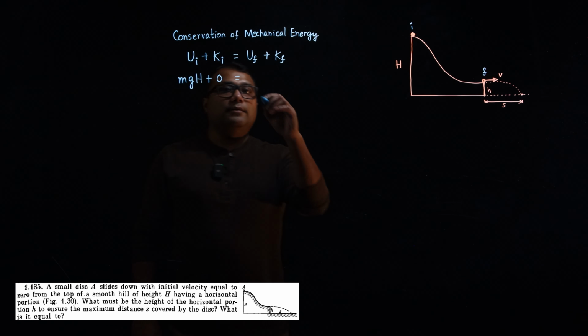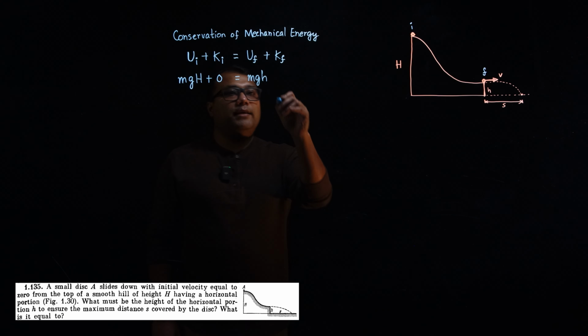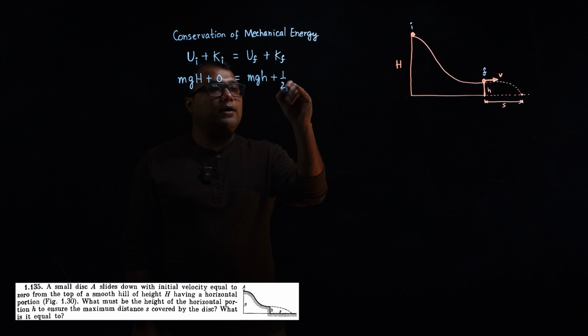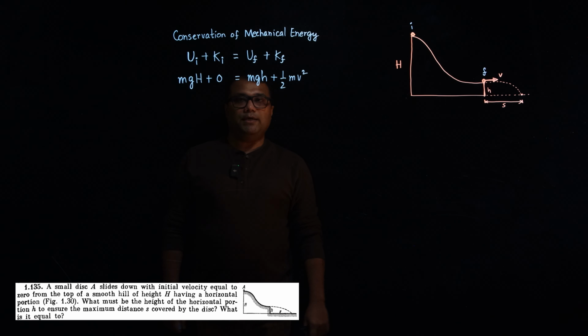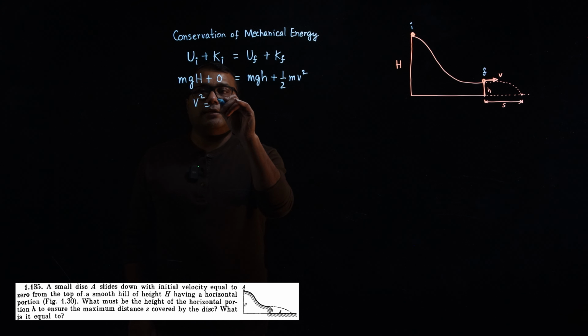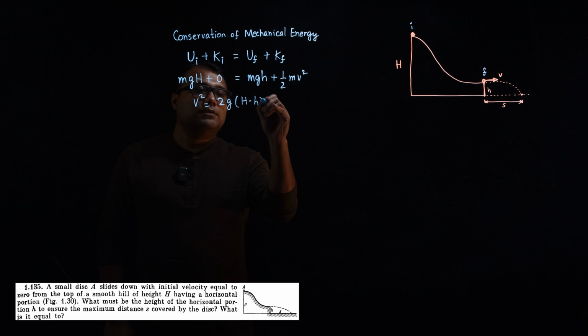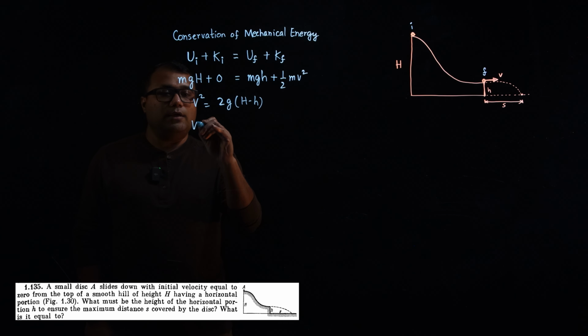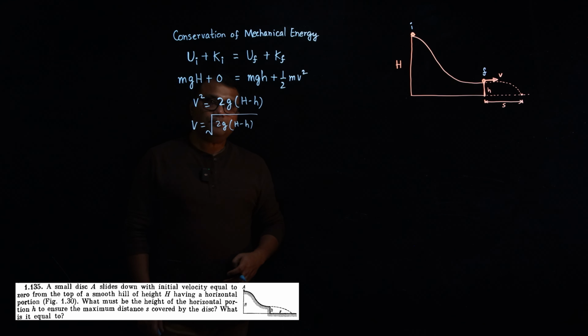Potential energy final is mgh, and kinetic energy final is half mv square if the velocity is v here, okay. So from this m we can cancel, v square we can write as 2g(H minus h), or v is root over 2g(H minus h), okay.